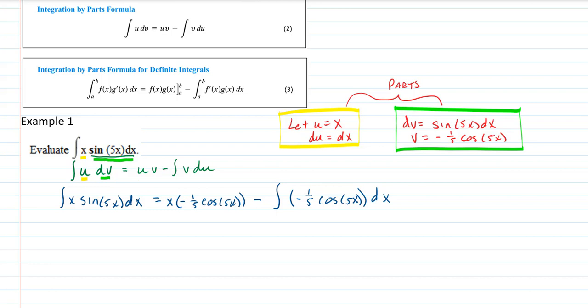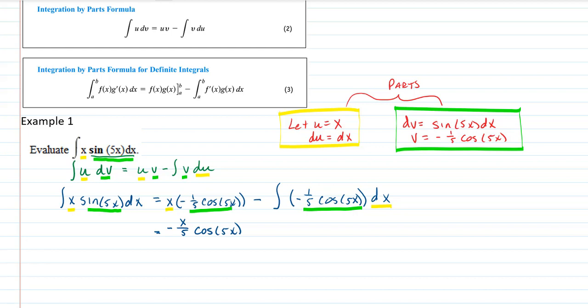The u parts are right here and right here. The v parts are right here. This is v, and this is v. So now it's just a matter of cleaning things up. So x times negative 1/5 cosine 5x, I'm going to write as negative x over 5 cosine 5x.